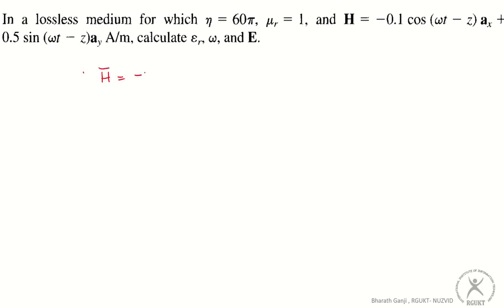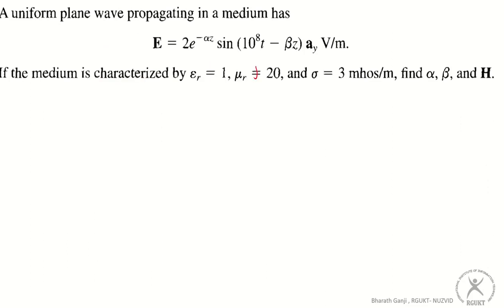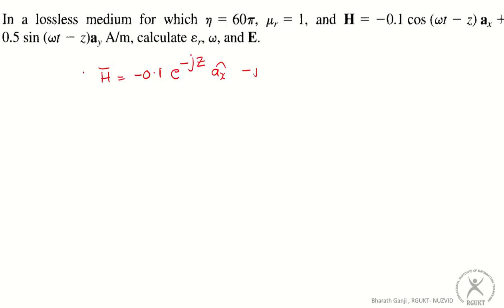So H bar is minus 0.1 e power minus j times beta z, where beta is 1, into ax cap, plus minus j times 0.5 e power minus jz into ay cap. Right, this looks a bit confusing. How did we arrive at this result? Simple. Let me go step by step.